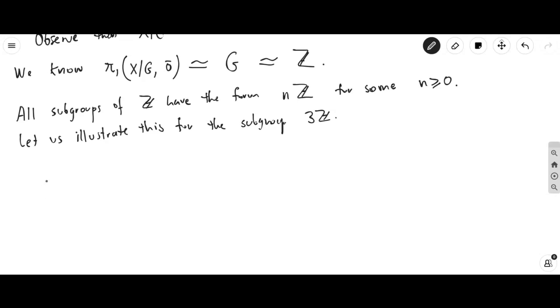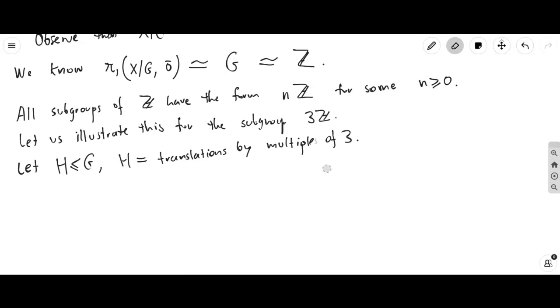Let H be a subgroup of G, and these are going to be translations by multiples of 3. So G is all integer translations, and H consists of translations by multiples of 3.